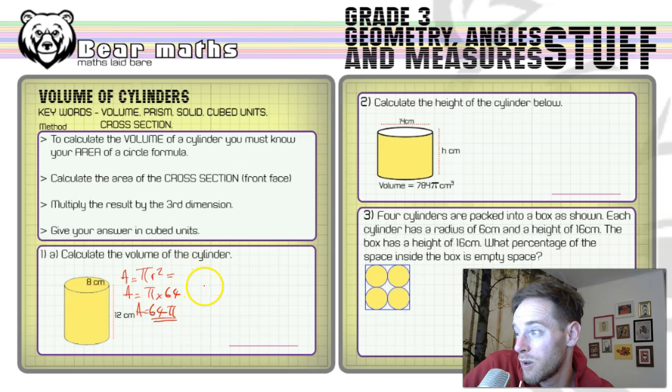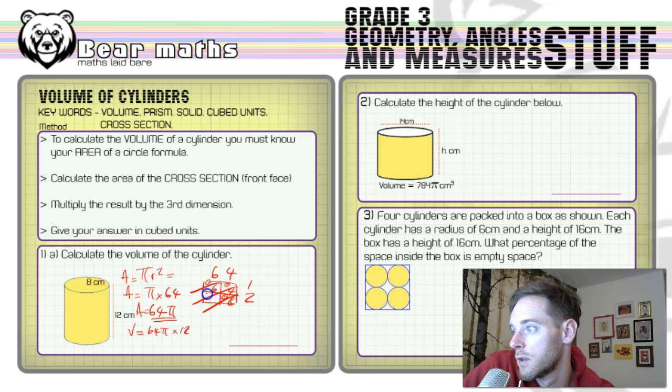Now, if we were not using a calculator, we could then multiply that answer, 64 pi, by 12. So the volume equals 64 pi multiplied by 12. Now 12 times 64, if we just do that quickly in a grid, we'll see a very messy grid, but we'll see an answer very shortly. 768.